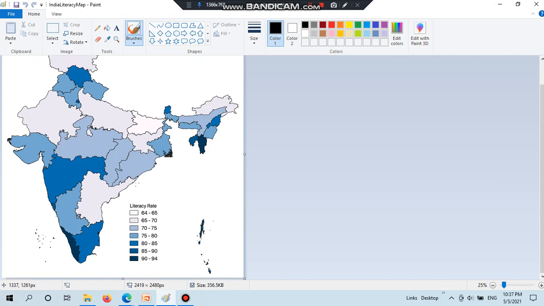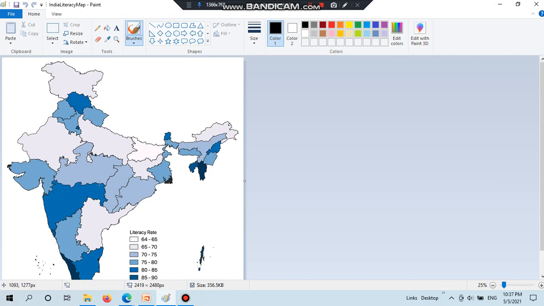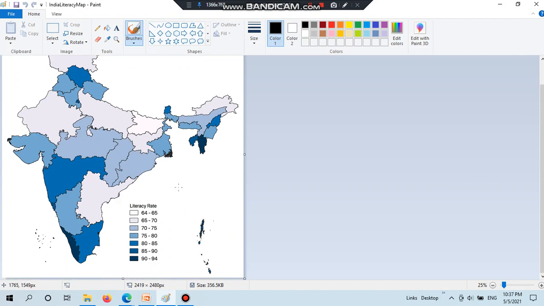Therefore, this map shows the literacy rate, and the literacy rate merges with the administrative or state boundary. But it's not true that the literacy rate throughout West Bengal varies from 70 to 80%. Within West Bengal, there are a few backward districts, suppose Bankura, Purulia, and Midnapore. Within the backward districts, there is a variation between rural, urban, and remote rural areas.